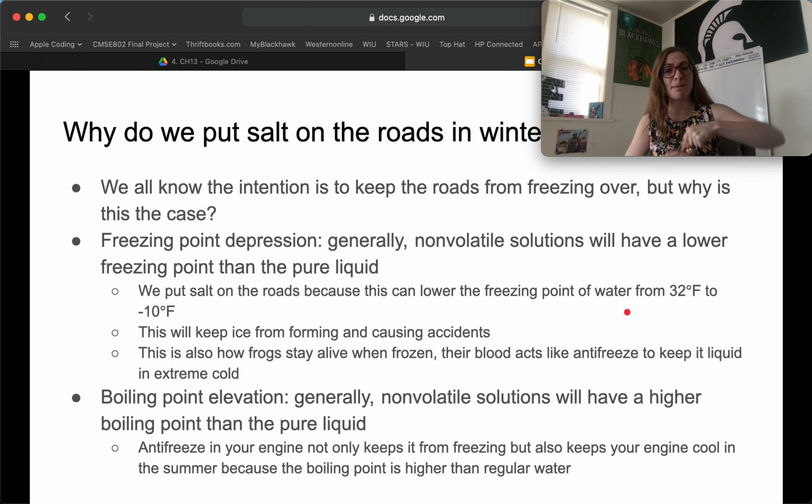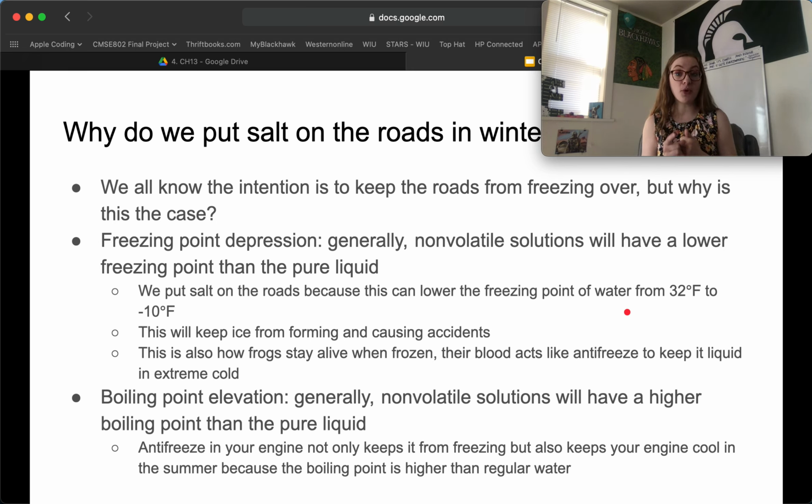The opposite of this, on the other hand, is boiling point elevation. So, we said freezing point goes down, but boiling point is going to go up. So, it creates a larger gap between the freezing point and the boiling point. Generally, again, those non-volatile solutions, so those more stable solutions, will have a higher boiling point than the pure liquid.